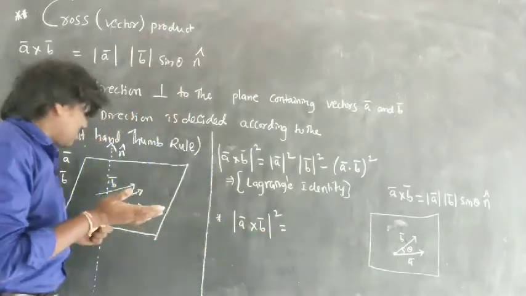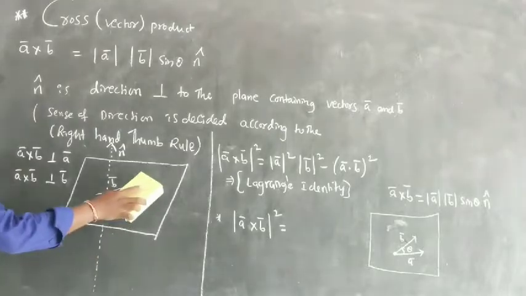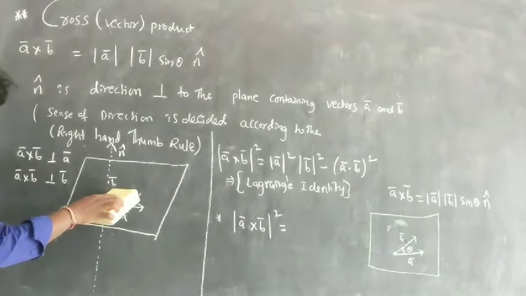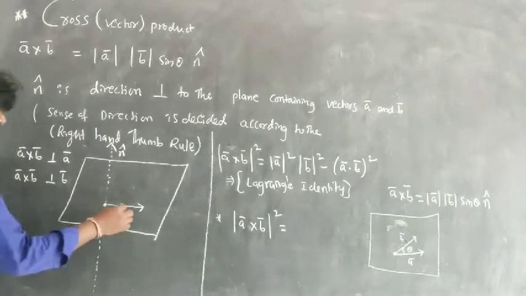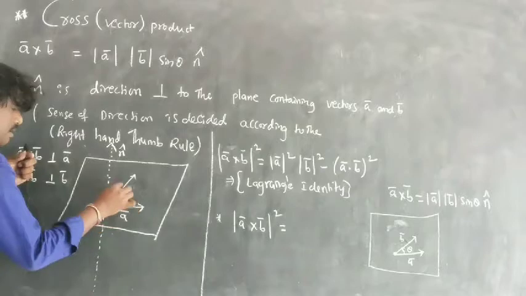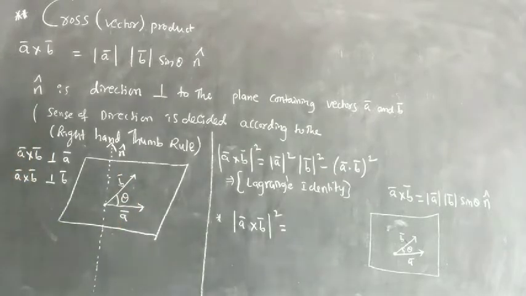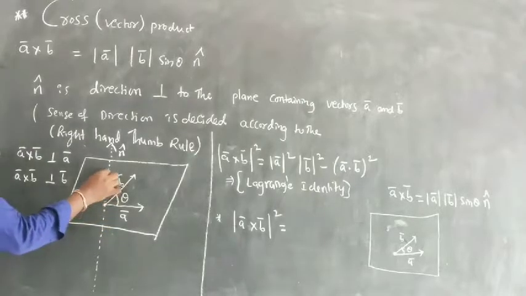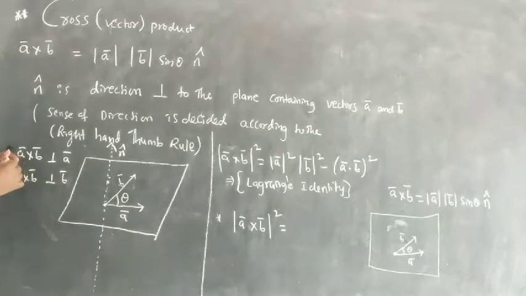Now you have a vector. Just look here, it will make you understand more clearly, so I have drawn it here. This is the A vector and this is the B vector, and this is the angle between them. Now how is A cross B defined?